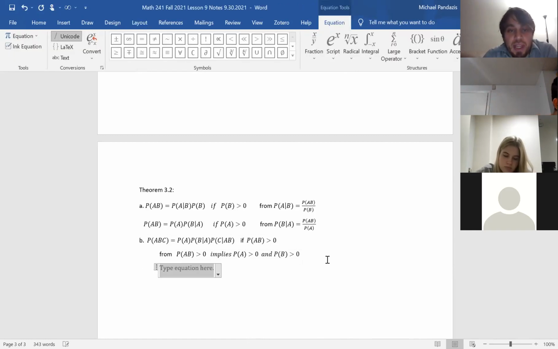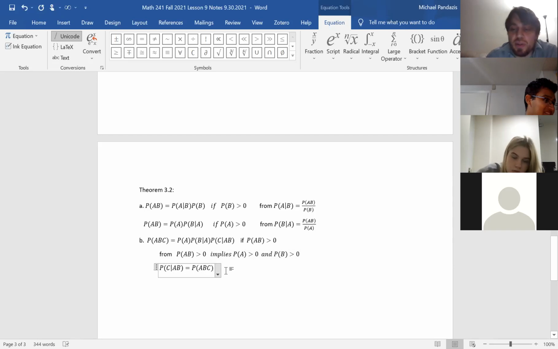But you have that the probability of AB is positive. And so the probability of C given AB is equal to the probability of ABC, which is really the probability of C and AB, I just changed the order, divided by the probability of AB.